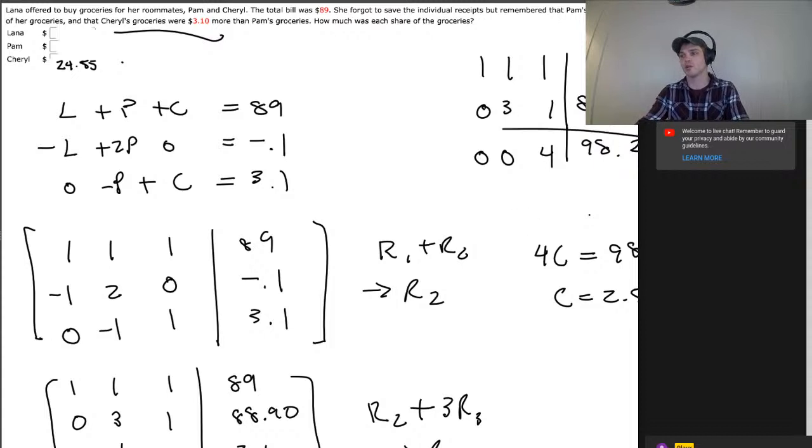And now I'm going to go backwards into this equation. So this is 3 times Pam plus Cheryl equals 88.9. And so I'll subtract Cheryl from both sides and then divide by 3. So Pam equals 88.9 minus 24.55, all divided by 3.